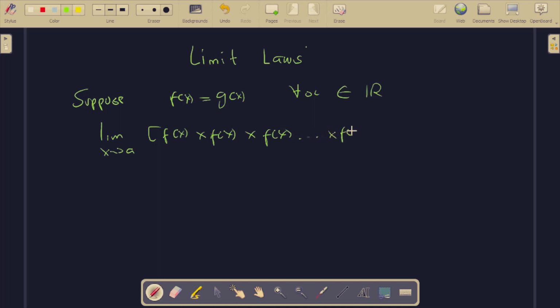Basically, we're going to have that multiplied by itself n times. So according to the product law for limits, this is going to be equal to the limit as x goes to a of f of x raised to the power n.